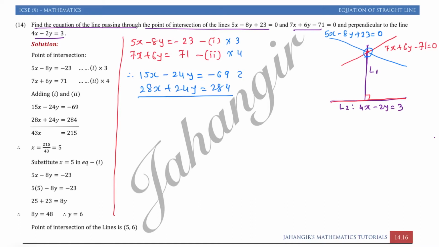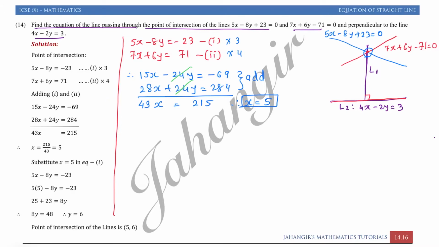We will just add these up. Adding, we can cancel out the y. 28 plus 15 is 43x is equal to 215. So therefore x is equal to 5.